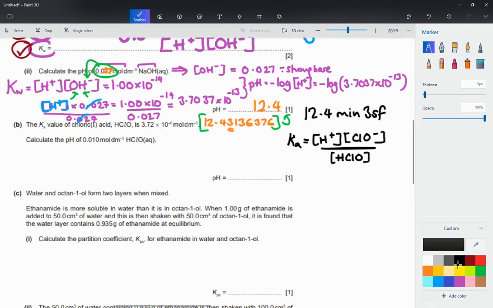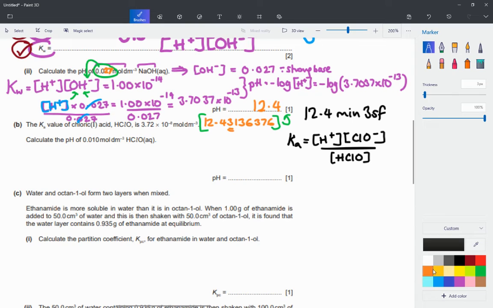And if you isolate the H plus, that would actually be the expression that we would need to progress with the calculation.